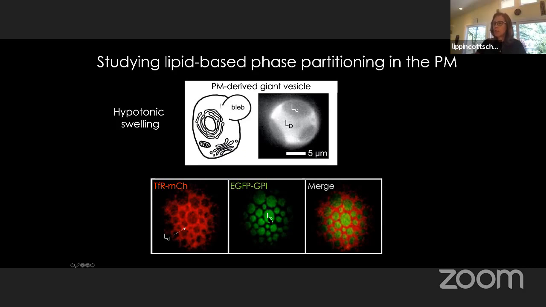And these two proteins are clearly sorting into the respective ordered versus disordered domains of this giant vesicle.